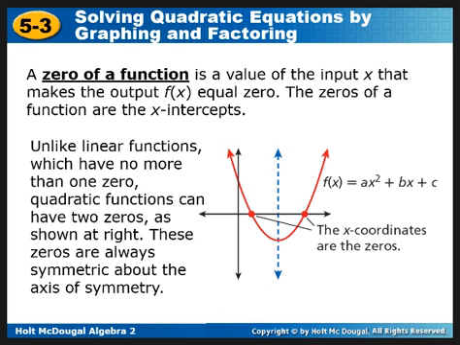The zeros we're finding are the points at which the graph crosses the x-axis. The x-coordinates of those two points would be our zeros. So when we solve this, we're looking for the x's that I can fill in to a particular quadratic function.